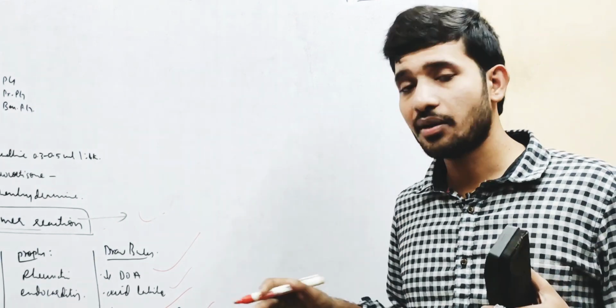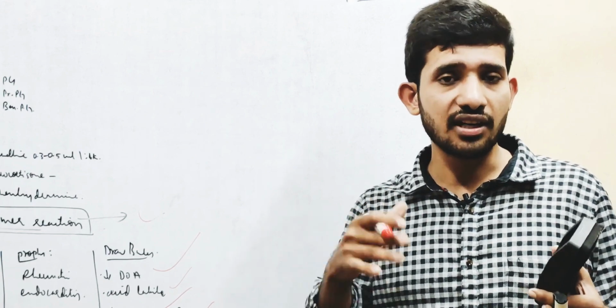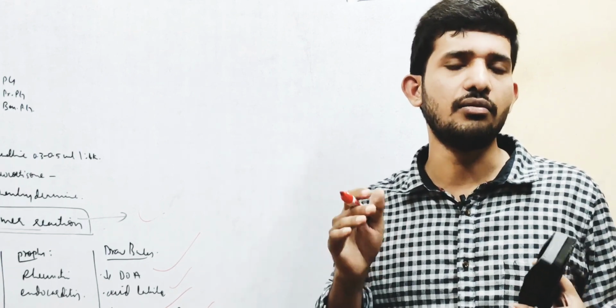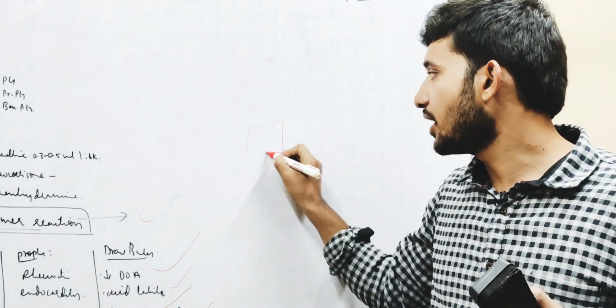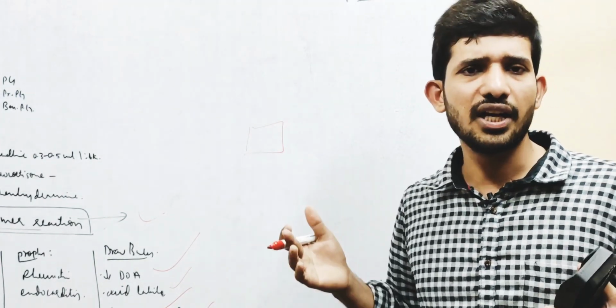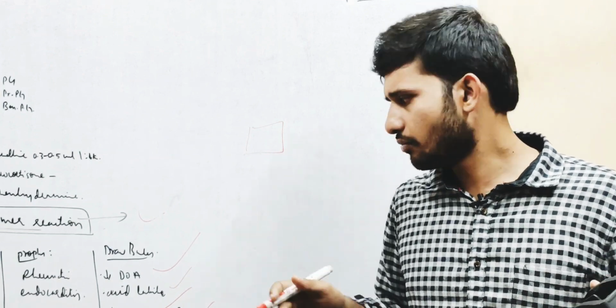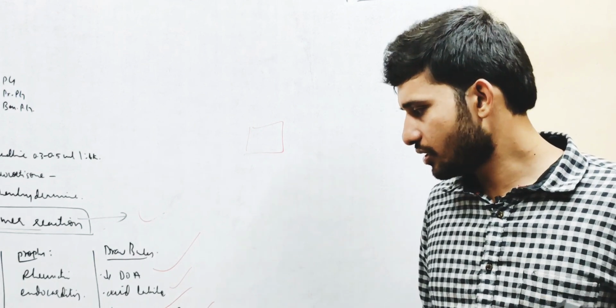Beta-lactamase enzymes are present on the bacteria, in the bacterial cell membrane or cell plasma, and they degrade the beta-lactam ring of the penicillins. If the beta-lactam ring is degraded, the drug will not have its efficacy. So this is another drawback for penicillins.